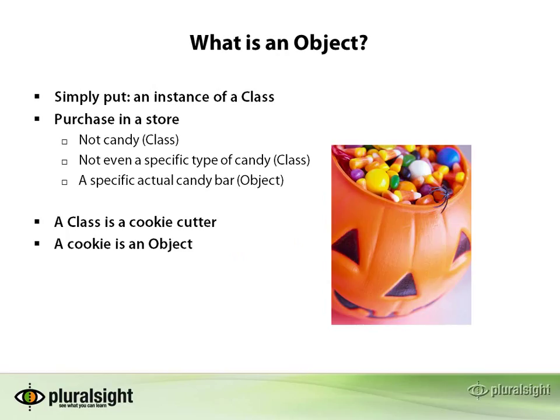So now that we've talked about what a class is, let's define an object in terms of a class. So what is an object? The simple definition is it is an instance of a class. And what I mean by an instance is if a class is a blueprint, an object is a house. It's a thing that you build with the blueprint. If a class is a cookie cutter, an object is the cookie.